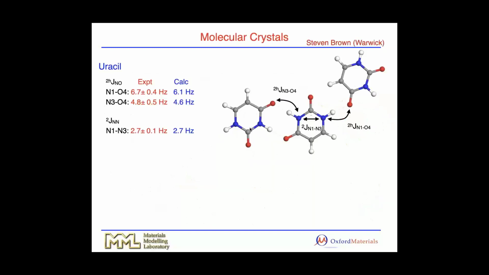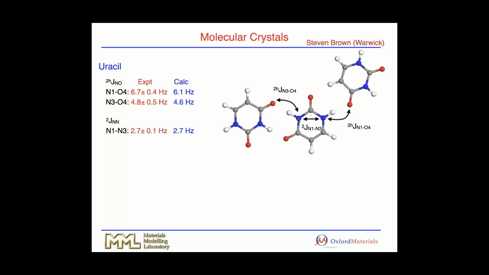Some examples on some molecular crystals. So this is uracil. It's a planar compound, and so we were able to make a couple of predictions here, confirmed by experiment. So we can calculate the J couplings between these two nitrogen atoms, and also J couplings across the hydrogen bond between the oxygen and the nitrogen.